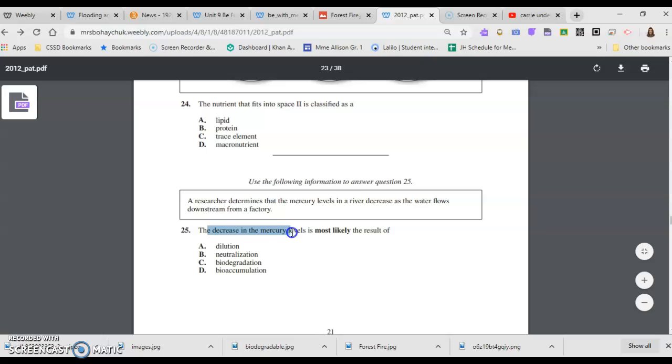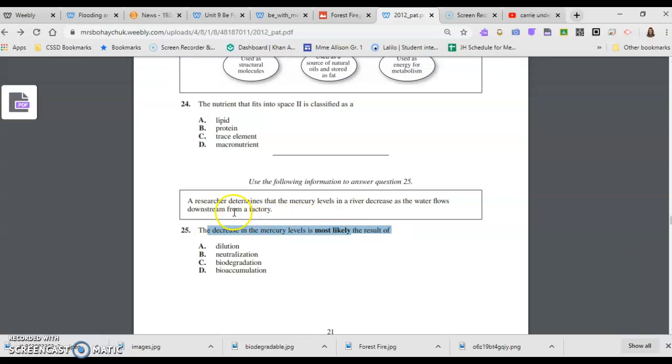The decrease in mercury levels is most likely the result of what? Okay, so they have gone down. Good thing we read the question, right? We didn't just jump to mercury being bioaccumulation because it's asking about how the levels decrease.